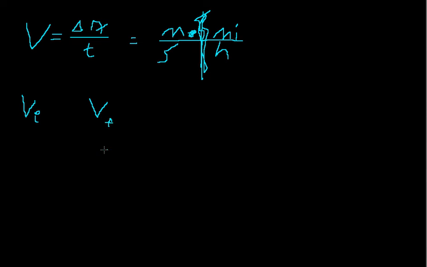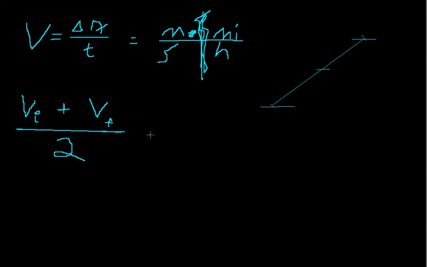As long as it's a steady increase over that time, what is the average point right here? Well, that's just the average of the two velocities. We've got initial velocity plus final velocity, divided by 2. And that's just the average. You know how to do that.